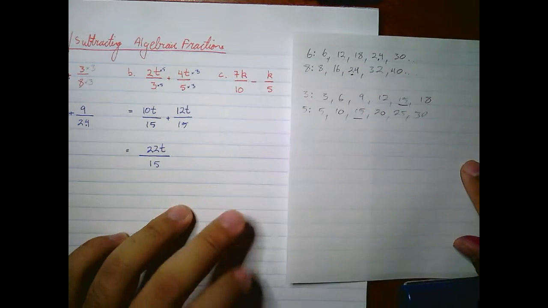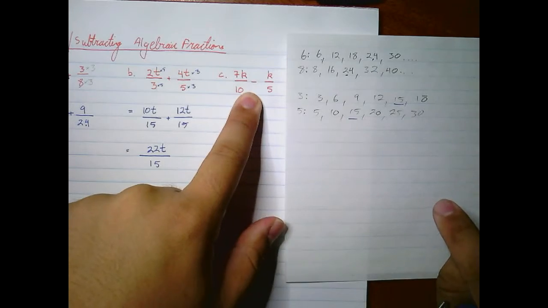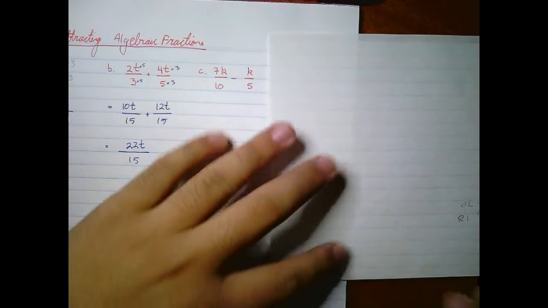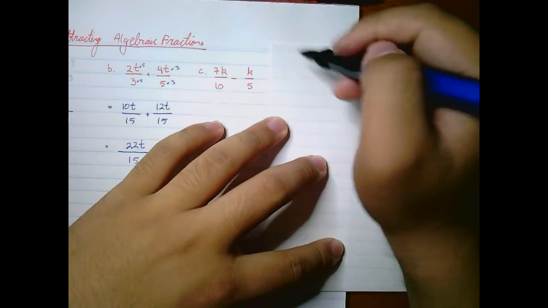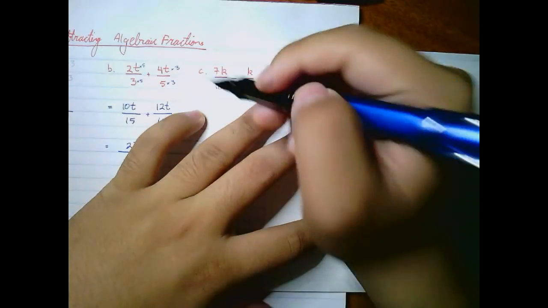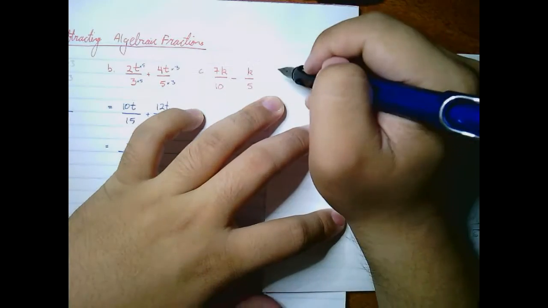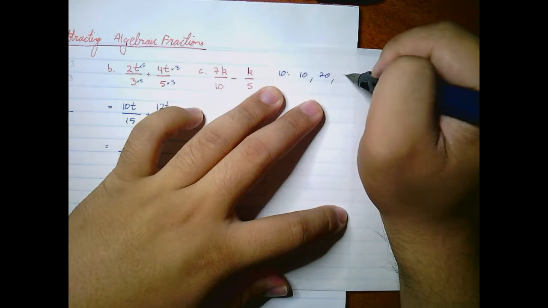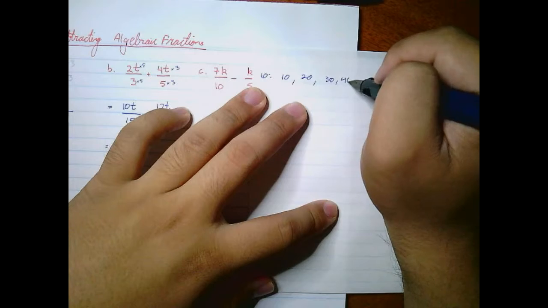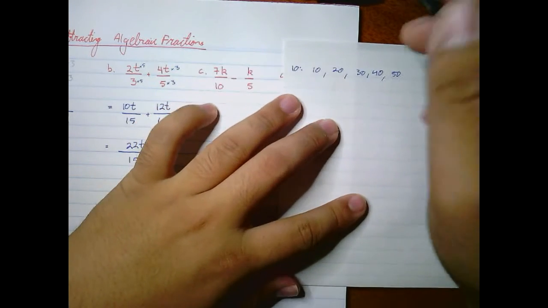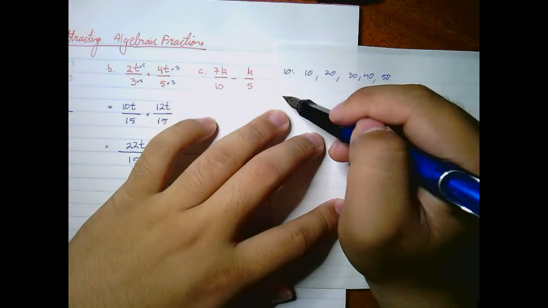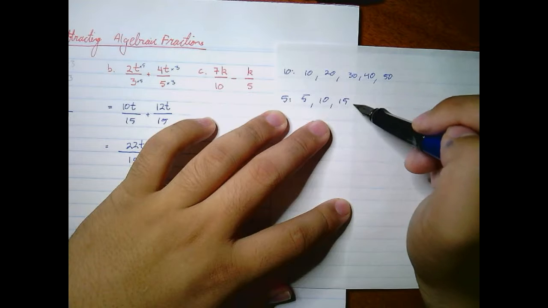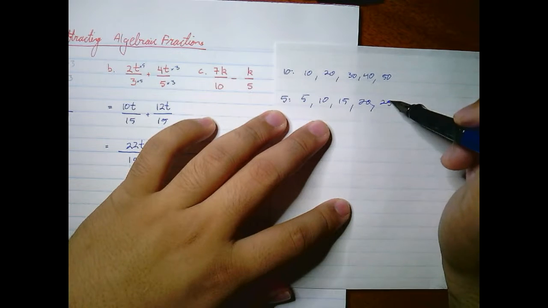Example C. This time it's a subtraction, but it's no more difficult than the ones we've already done. I think I'll just stick with a pen now. We'll do 10 and 5. Multiples of 10 are 10, 20, 30, 40, 50. Multiples of 5 are 5, 10, 15, 20, 25.